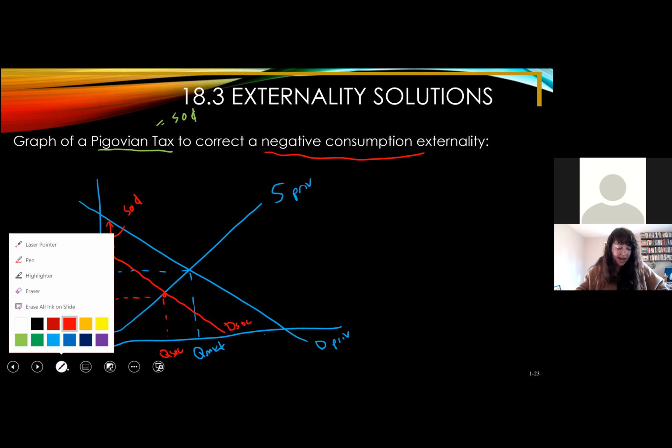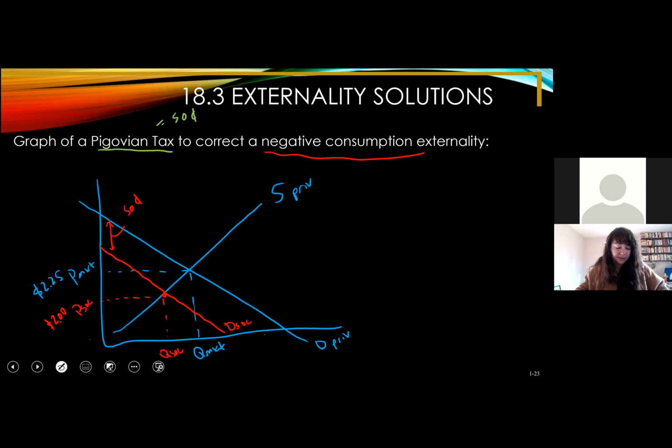Well, they could do a tax. The Pigovian tax equal to 50 cents will be exactly equal to the amount of the externality.